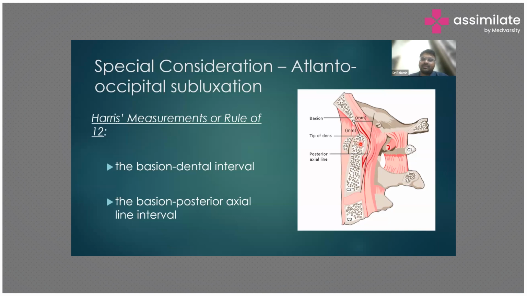So the basion-dens and basion-axial distances should both be less than 12 millimeters. If it is more than 12 millimeters, then you need to think of atlanto-occipital subluxation. Atlanto-occipital subluxation is usually not very well visible on a spinal X-ray, so if you have any doubt in your measurements, then you need to go for a CT scan.